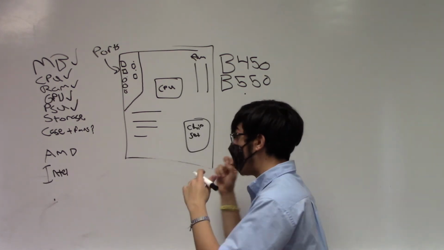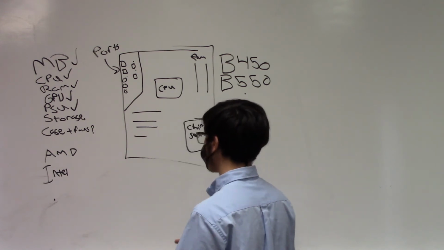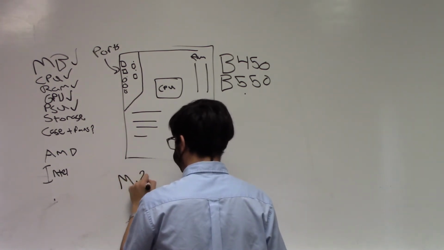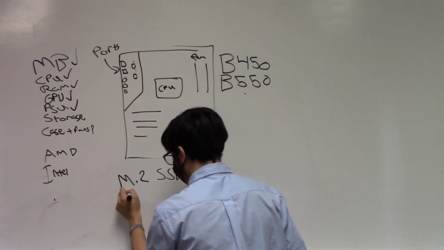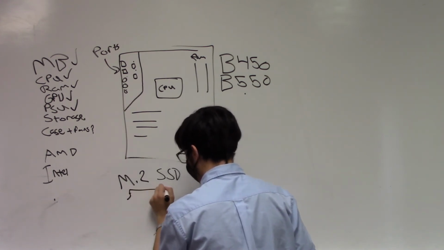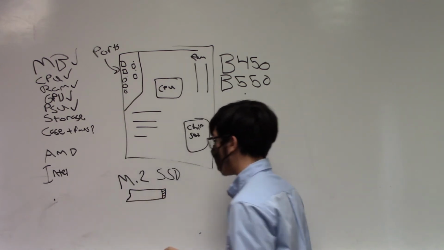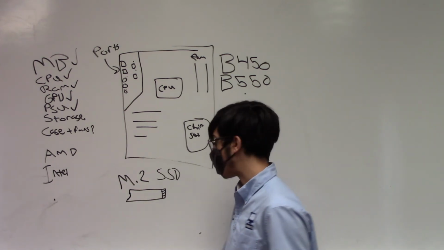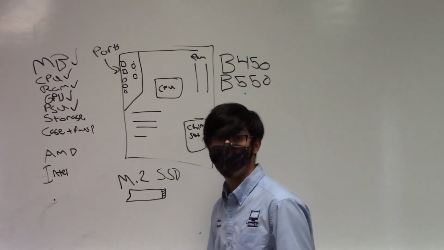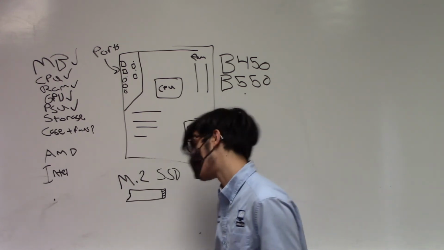So if you want, say, a really fast load time of Windows, get something called an M.2 SSD, and it looks like this. Now this is an M.2 SSD, and this is mainly used for loading Windows and nothing more, nothing less.